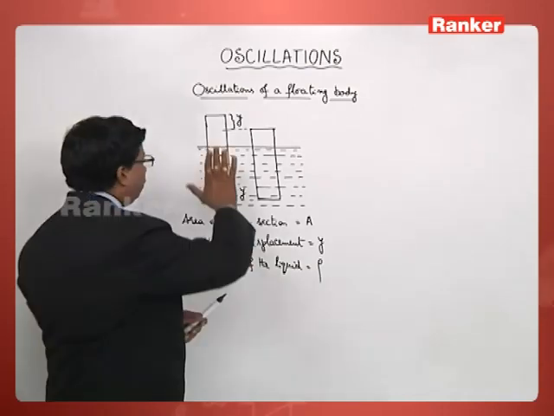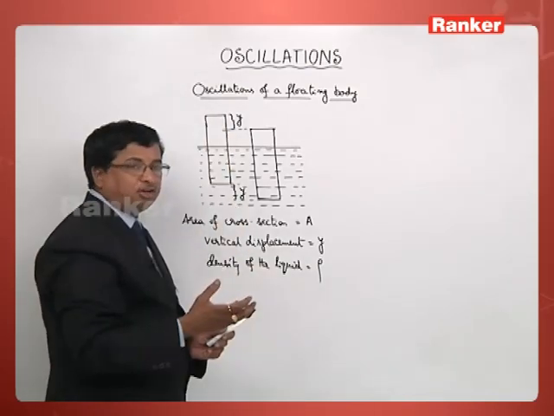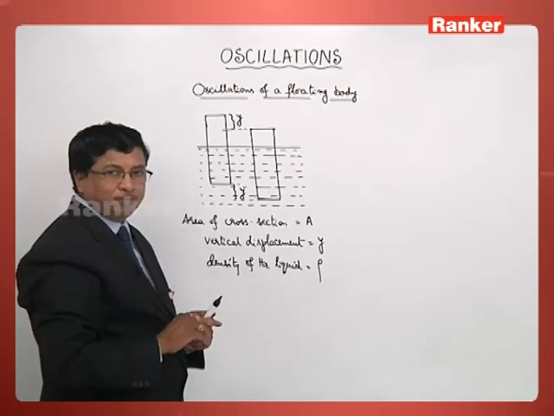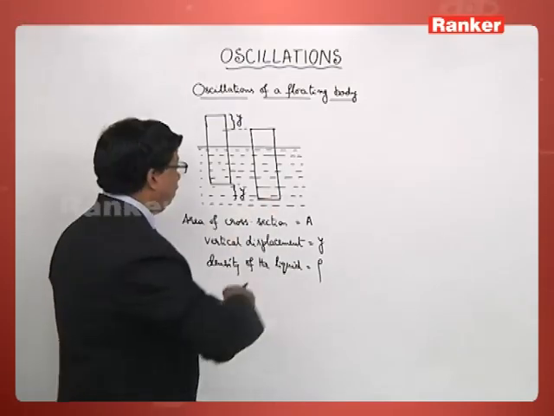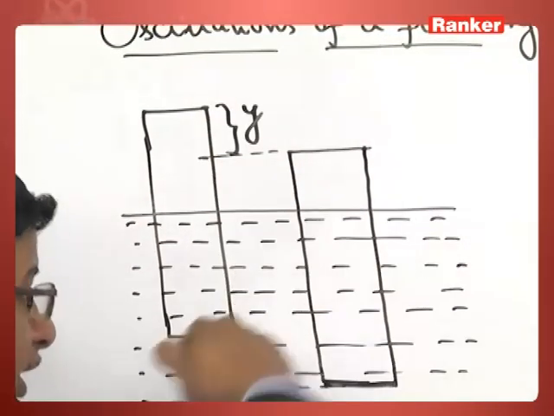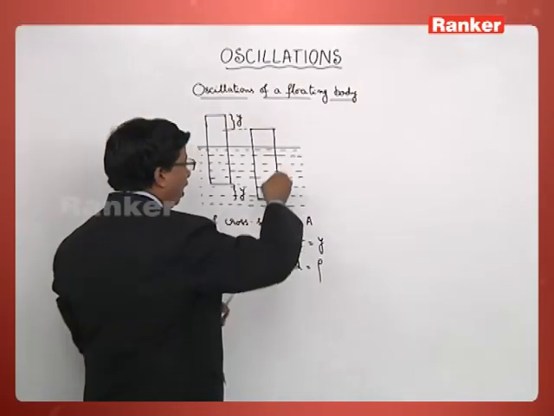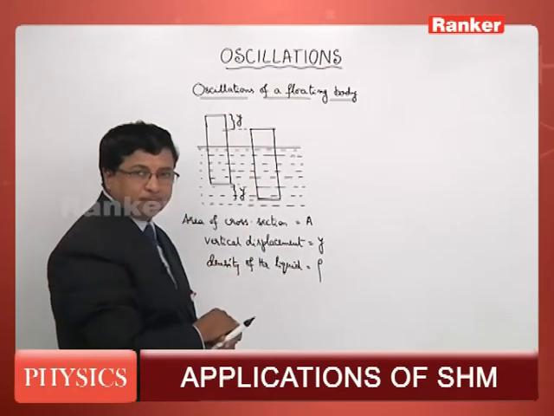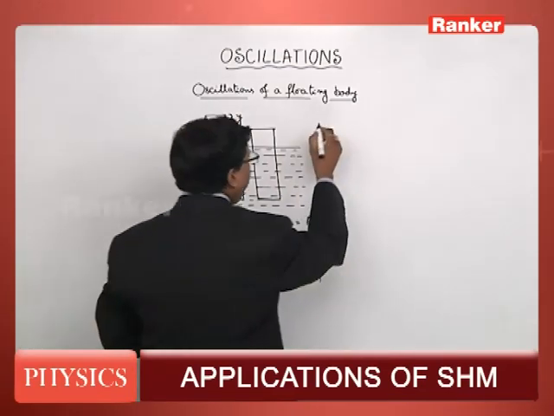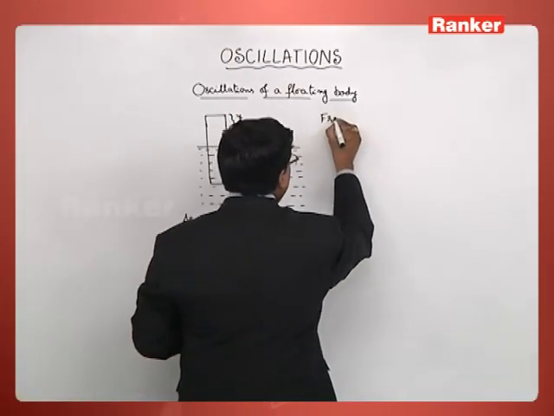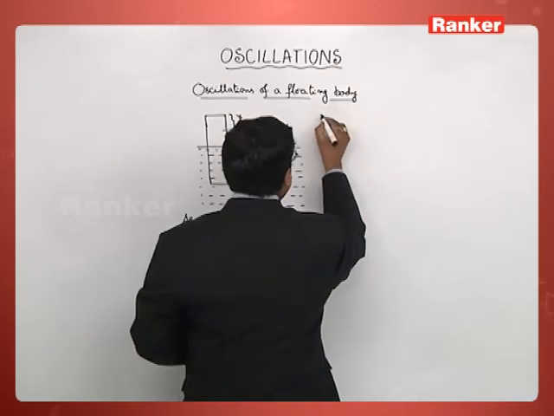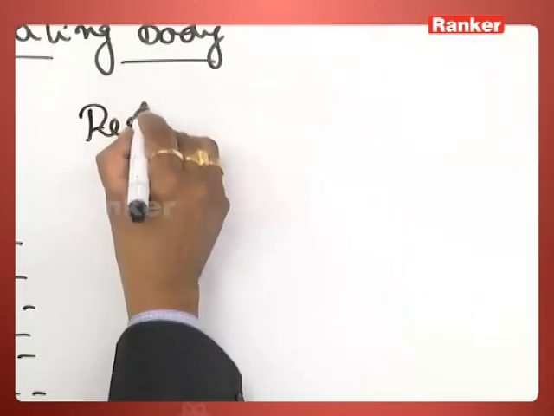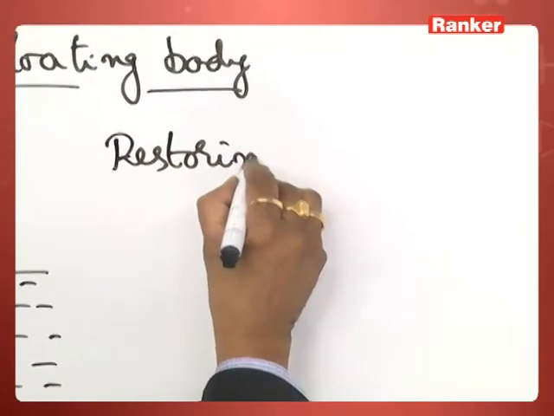Thereby the total system is definitely said to be in equilibrium. But in this case, what is happening? Since we have pushed it further deep into that liquid and left it, it is now oscillating in the vertical plane. So, what is going to be the restoring force?